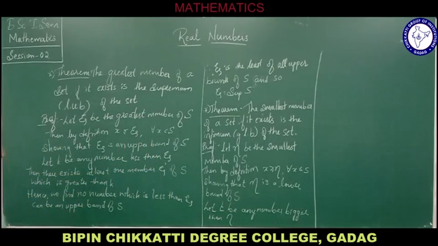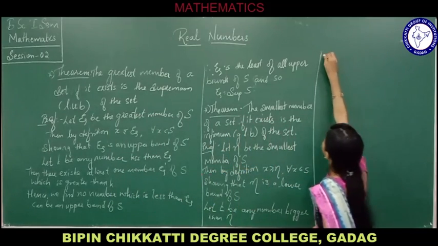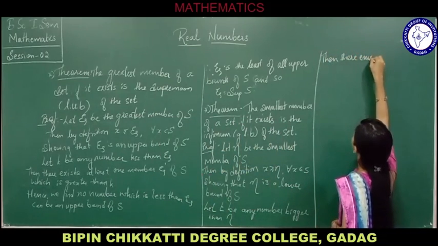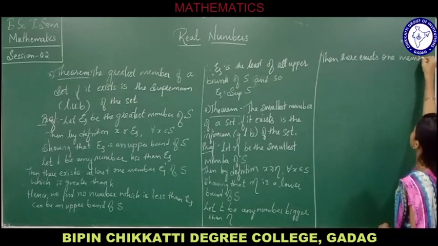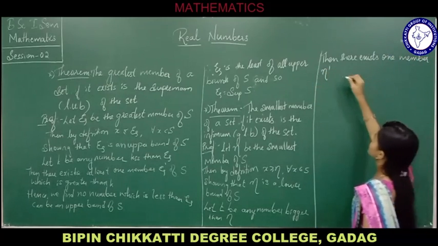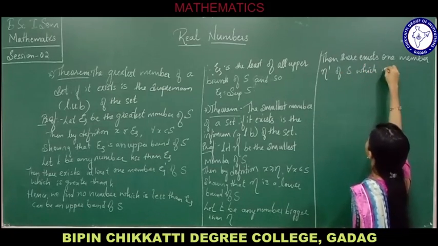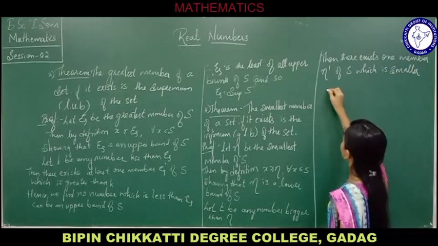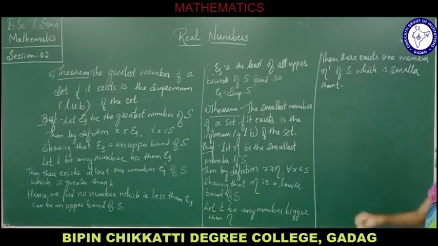Then there exists one member eta dash of S which is smaller than t.